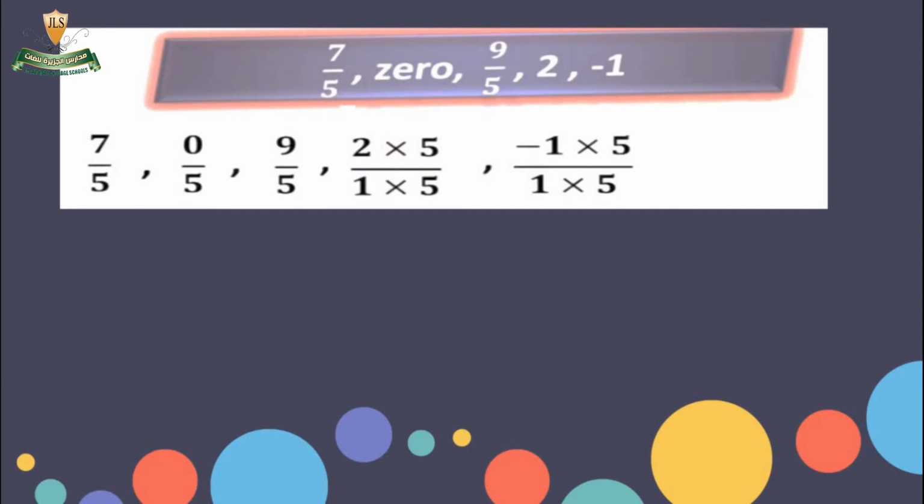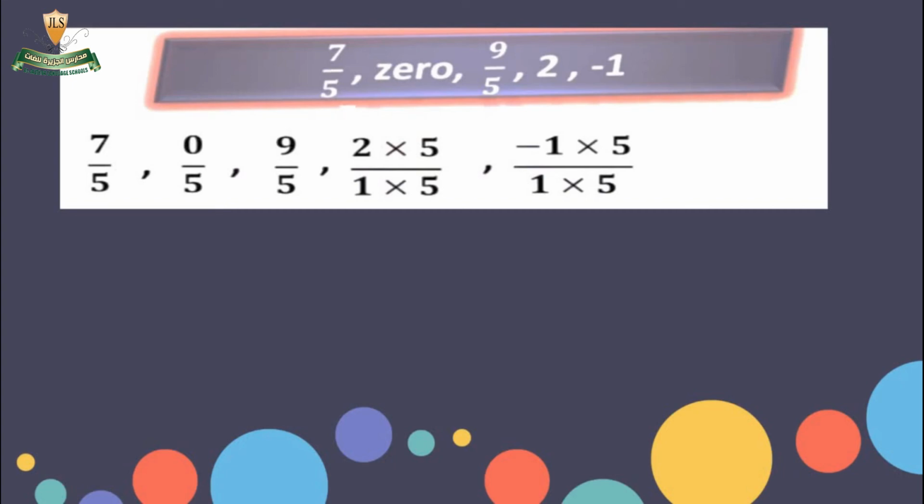Okay, 0 can be converted into 0 over 5, because 0 divided by any number equals 0. 2 equals 2 over 1, and to convert it to 5 in the denominator, I will multiply the two terms of the fraction by 5.